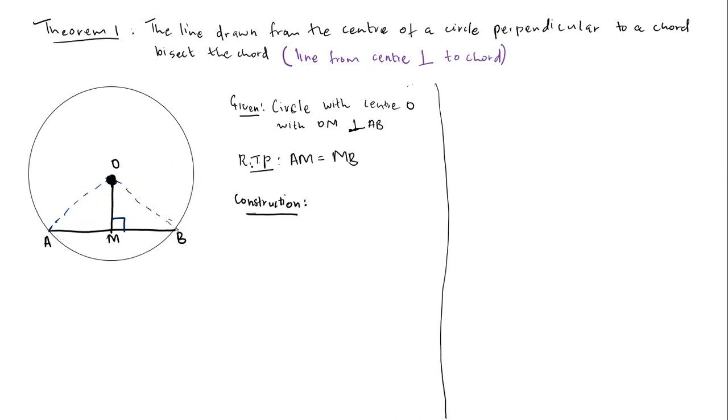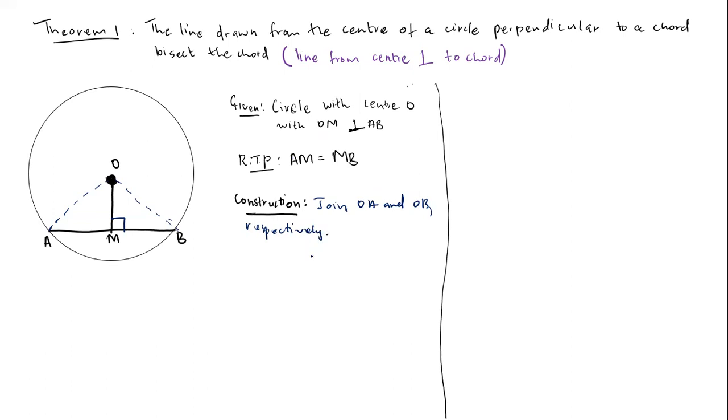So now you're going to write it in exam. You're going to tell us what you did. You're going to say, respectively, you're going to join OA and OB. Respectively. Okay?